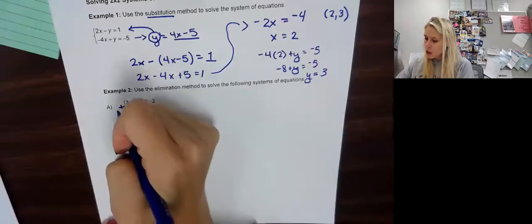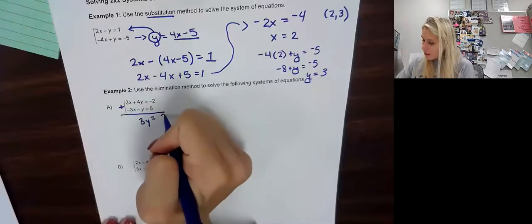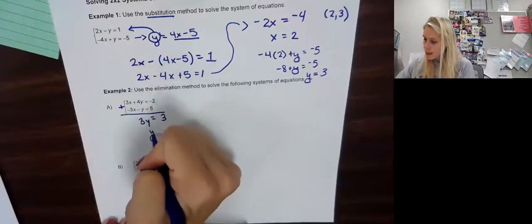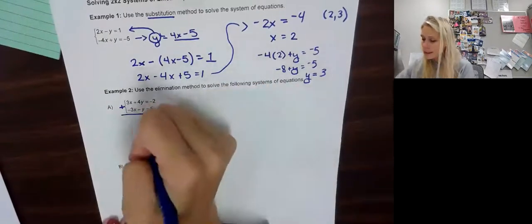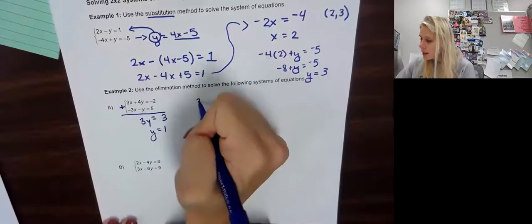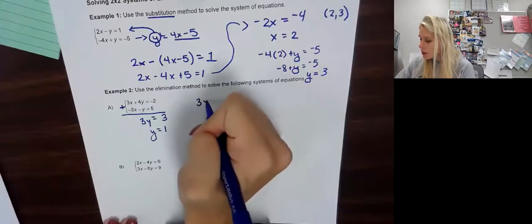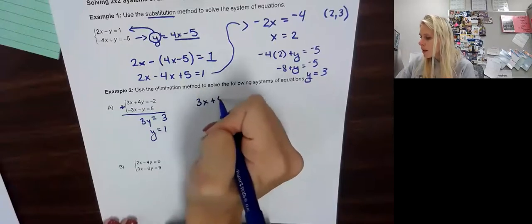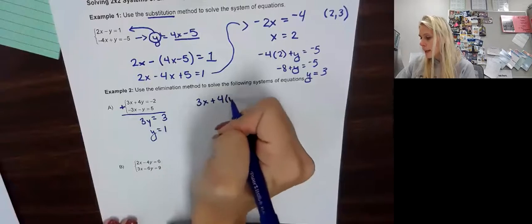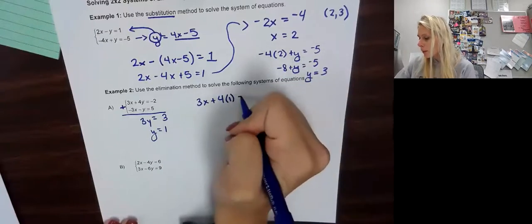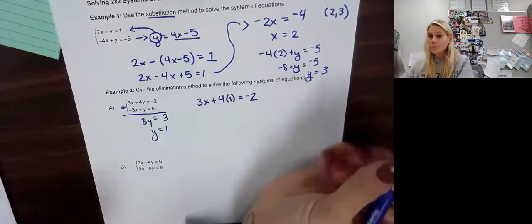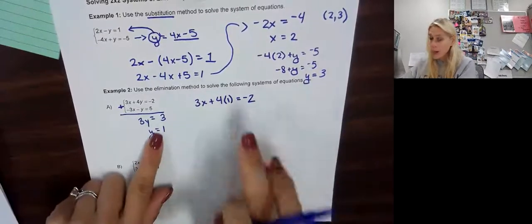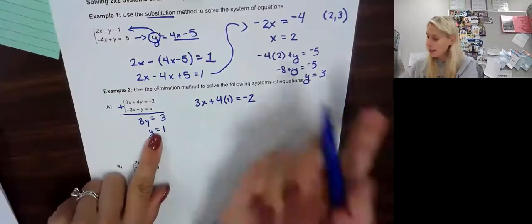And negative 2 plus 5 is 3. So y equals 1. Again, to find the x value, we can substitute into either equation. I'm going to substitute into the first one. Another mistake a lot of people make is they forget what variable they actually solved for to begin with to substitute back in. So as you can see, it was a y. I made sure to put it in the y place.